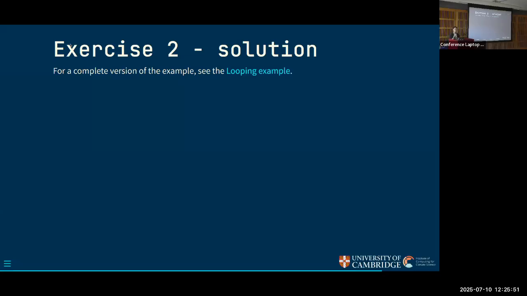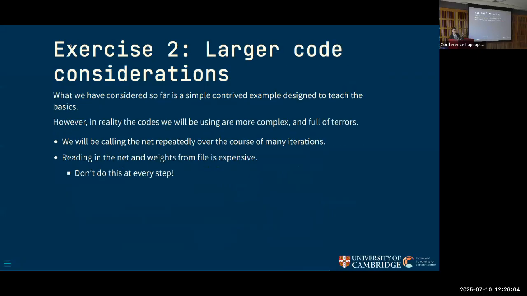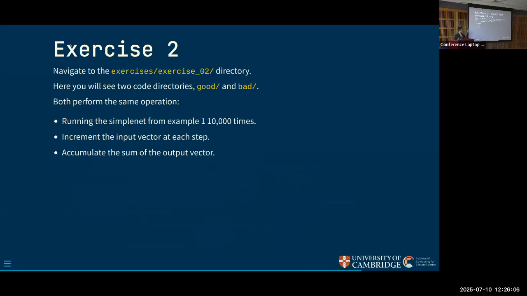So in terms of the GPU, that's beyond what we can do in an hour today, but there's a tutorial exercise in the FTorch repository. There it's a case of changing the device that you specify, where we had specified torch_kCPU.